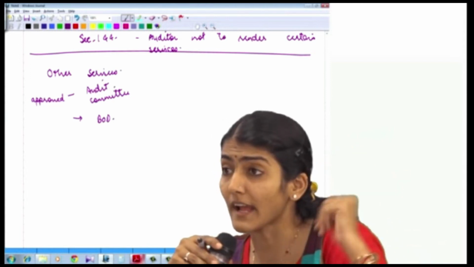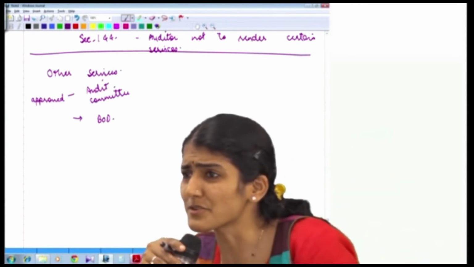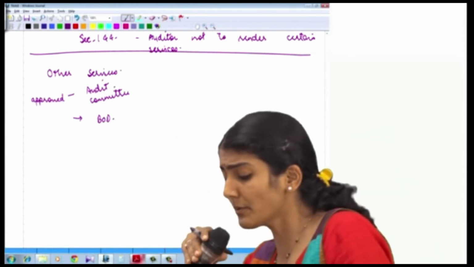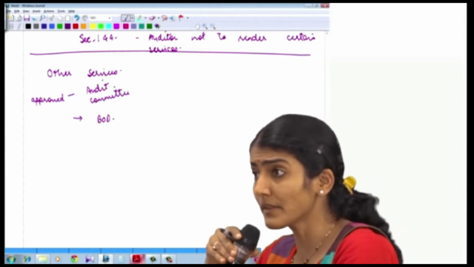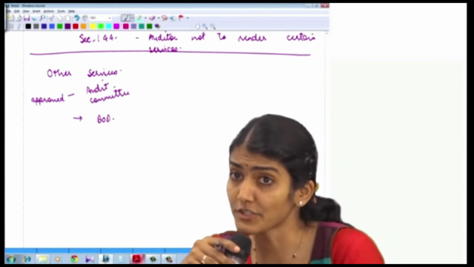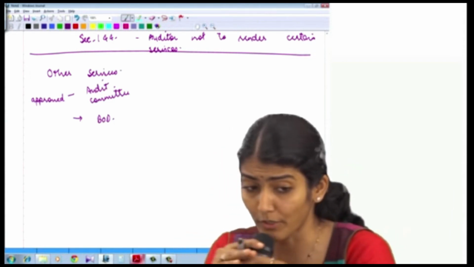So can I do the tax audit of Geo Limited, being the statutory auditor of Geo Limited? Yes, but it should be approved by the audit committee or board of directors.